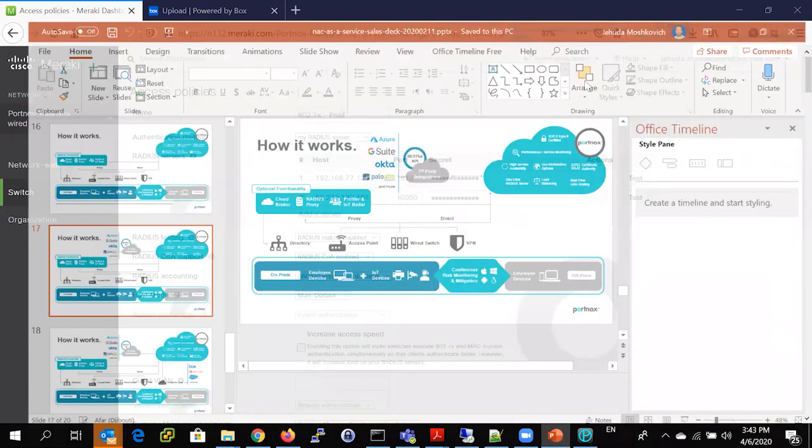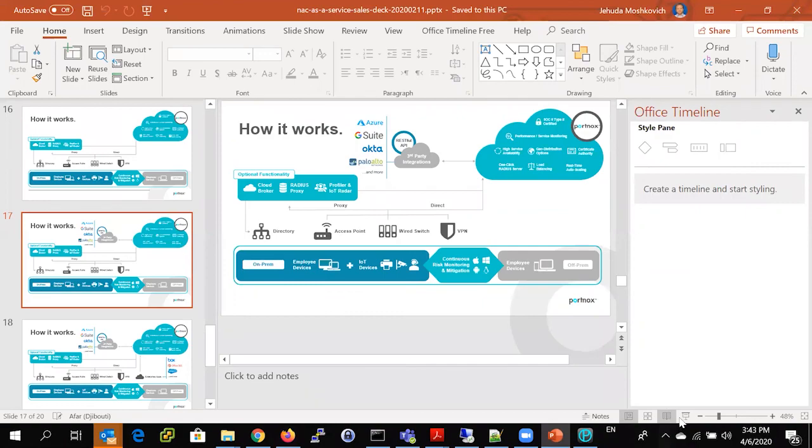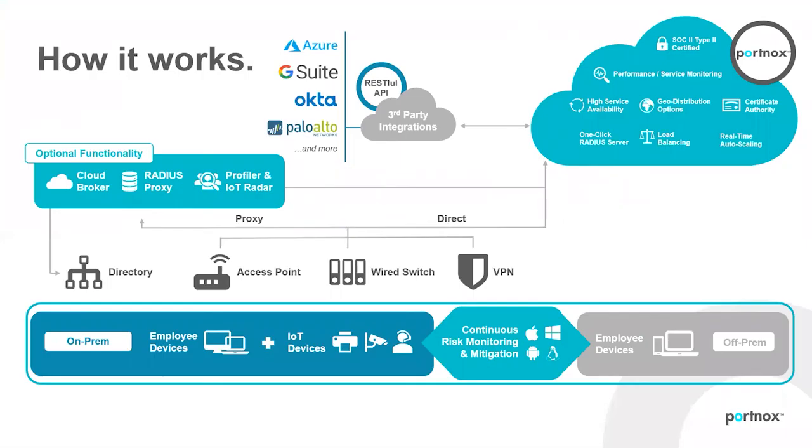It's shown in our architecture as well. So basically we have 3 optional on-prem components. It's cloud broker for Active Directory synchronization, local radius or radius proxy, and profiler and IoT radar, which comes along with cloud broker agent. So again, it's optional, it's not mandatory.